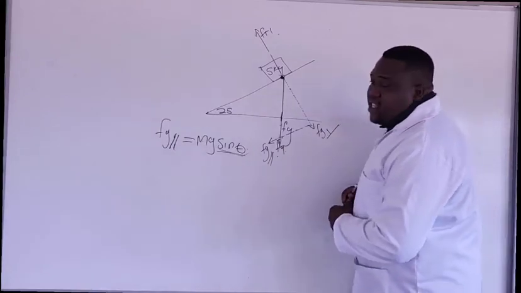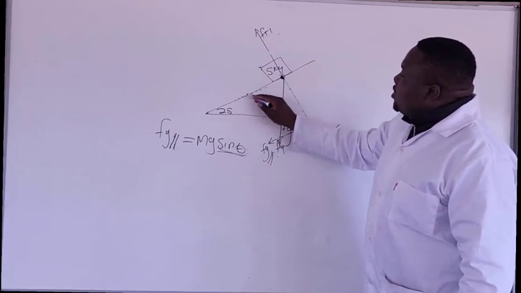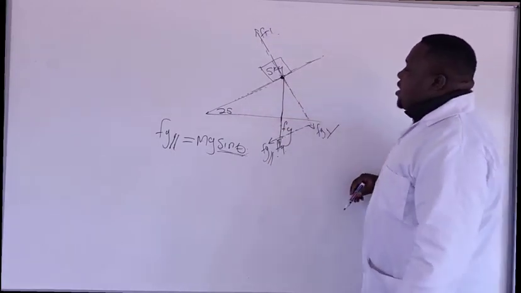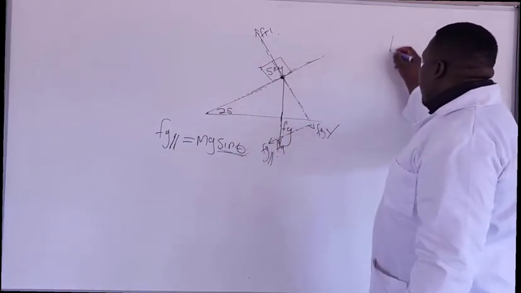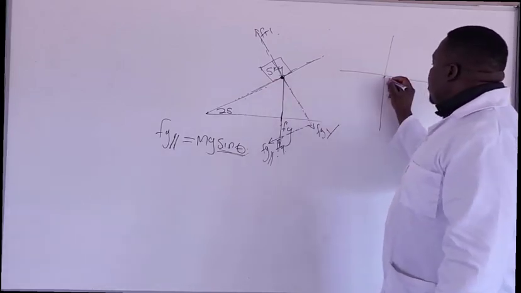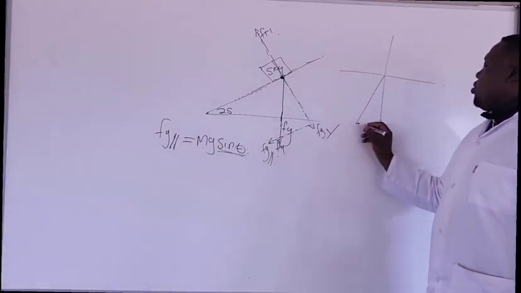You know the Cartesian plane. The Cartesian plane is this. You see this line, and this line is a Cartesian plane. If we turn this to stand straight, we are going to have something like this. And this triangle is going to be somewhere here. So this is what we are going to have.